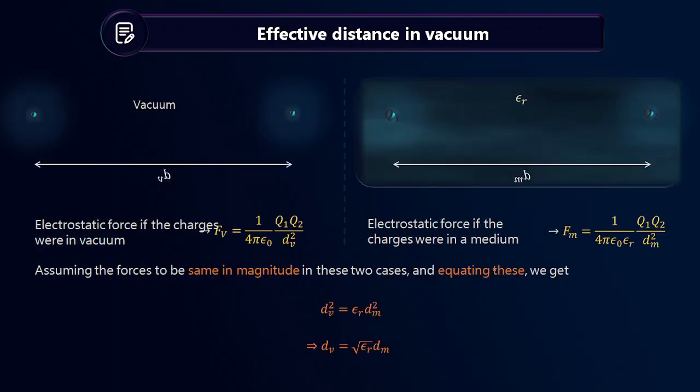In vacuum, the separation is D in vacuum, and in the medium it is D in medium. For vacuum, the electrostatic force is 1 upon 4 pi epsilon naught q1 q2 by D in vacuum square. In case of medium, it will become 1 upon 4 pi epsilon naught epsilon r q1 q2 by separation in that medium square.